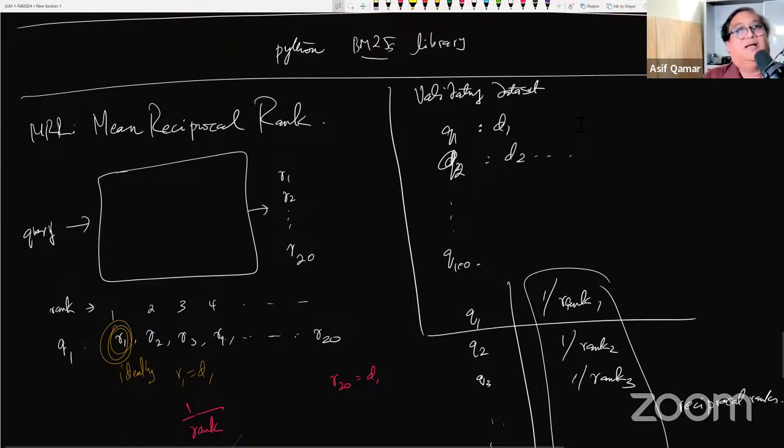You need to handcraft queries, and you need to know exactly in your corpus which document is the best document to answer. So one easy way to do that is find unique documents in your corpus and then study it, and then out of that, create a query that document alone will be a good answer for. Right? You can do that.